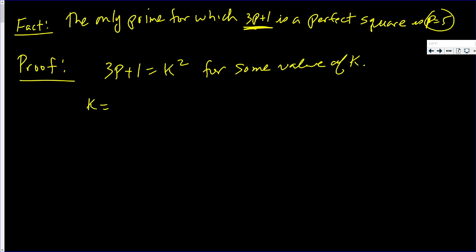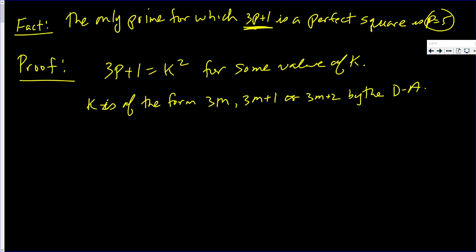So k is of the form 3m, 3m plus 1, or 3m plus 2, by the division algorithm. Every integer is either a multiple of 3, or one more than a multiple of 3, or two more than a multiple of 3.